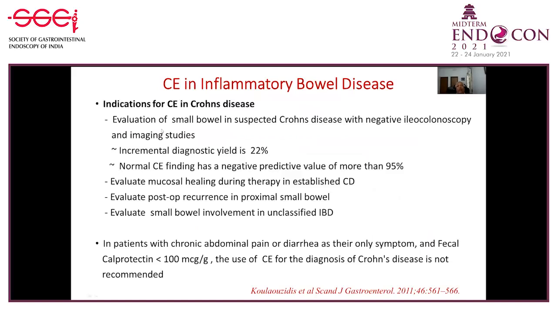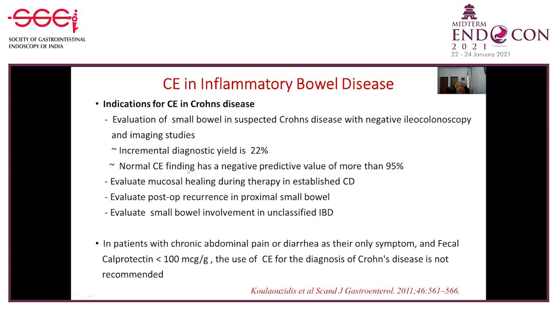Going on to capsule endoscopy in inflammatory bowel disease, what are the indications? It could be used for evaluation of the small bowel in suspected Crohn's disease with a negative colonoscopy and imaging studies. The incremental diagnostic yield with capsule endoscopy is around 22%.